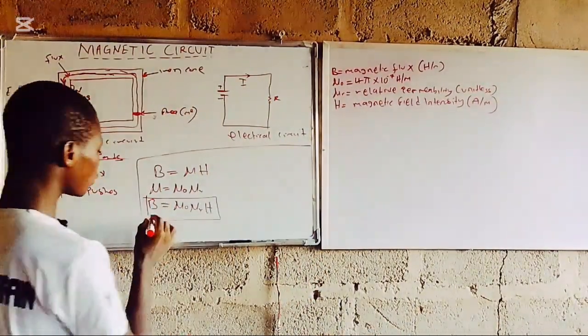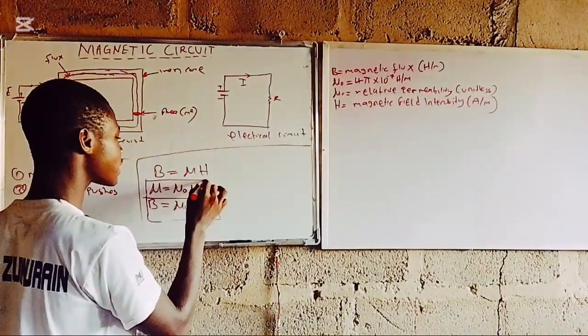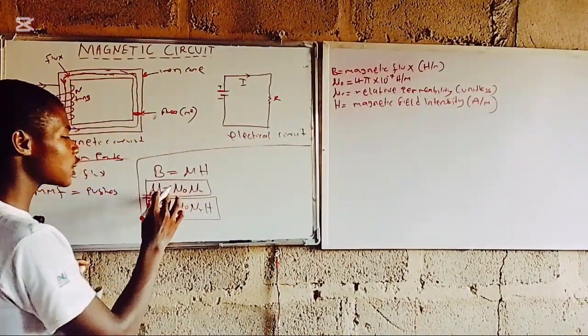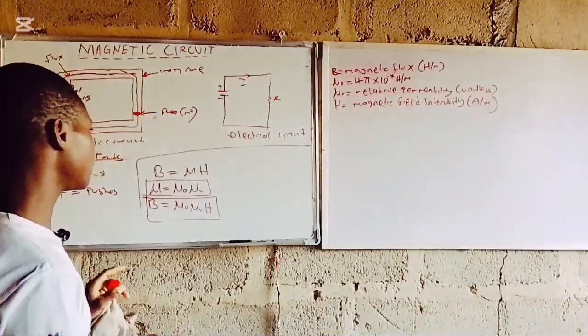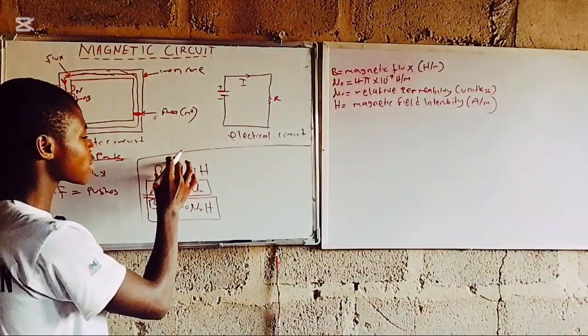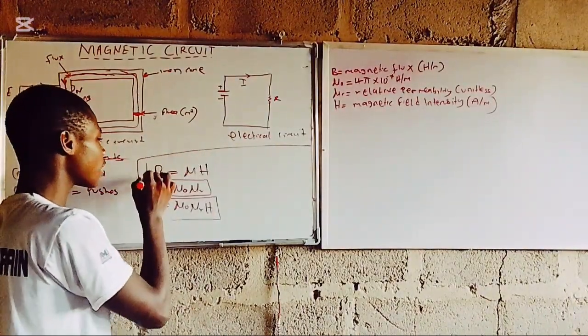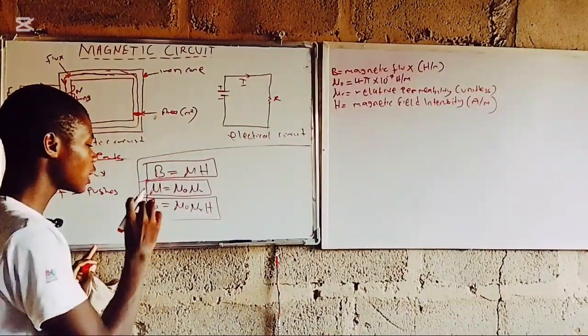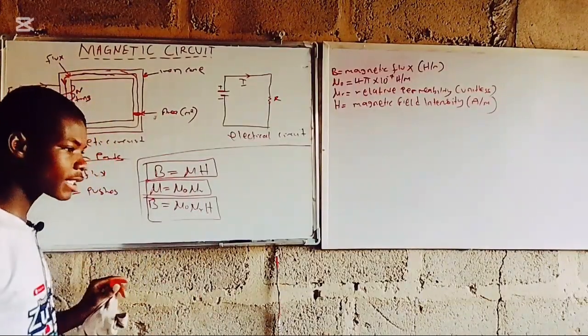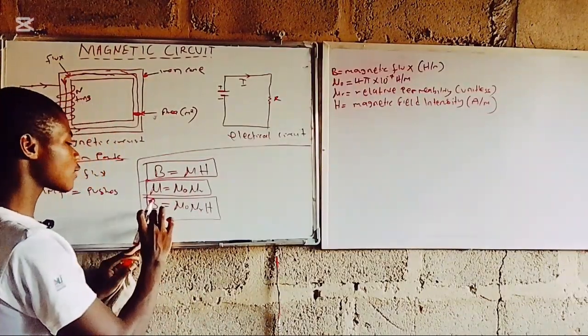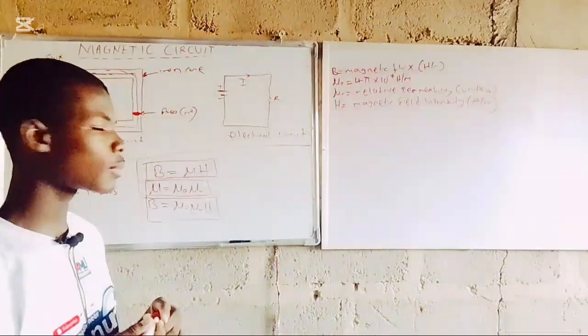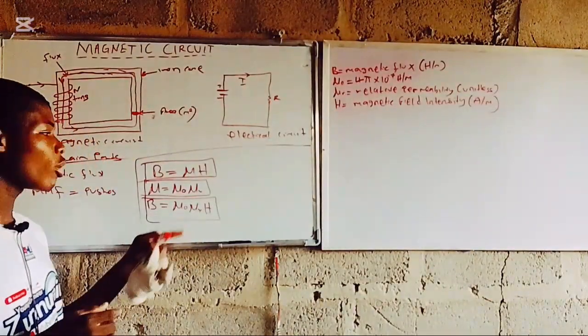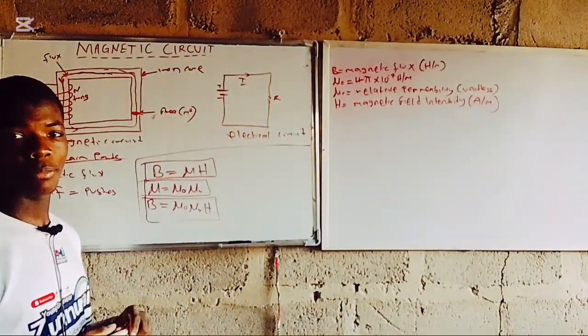So therefore, don't forget this relation: mu is the permeability of free space multiplied by the relative permeability, and B is the same thing as mu multiplied by H. And therefore, when you are given the relative permeability, you can use this formula: B equals mu naught multiplied by mu r multiplied by H.